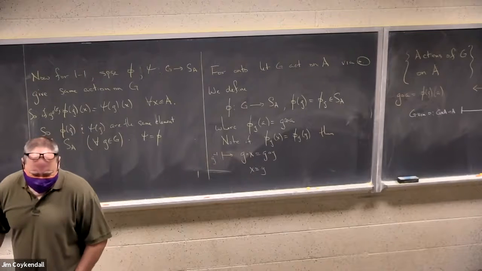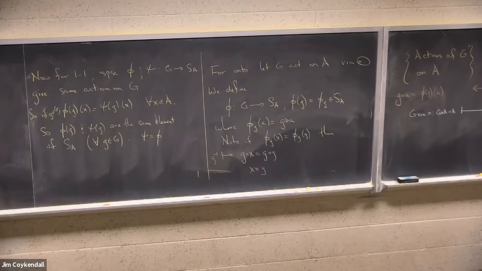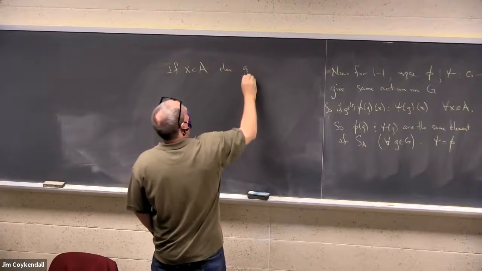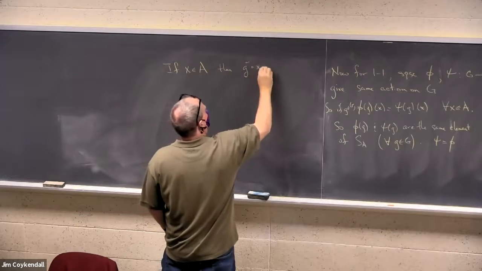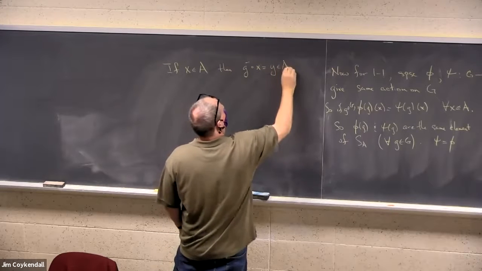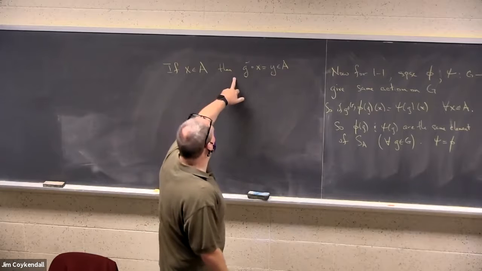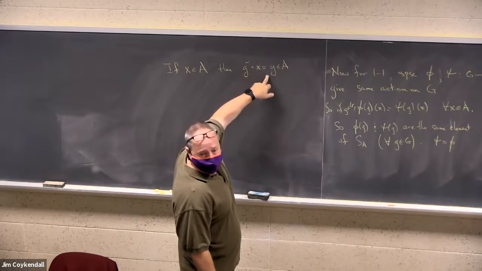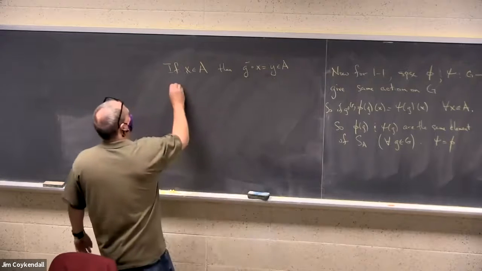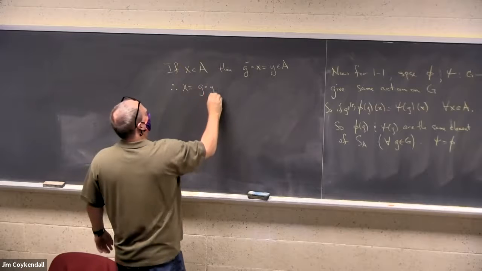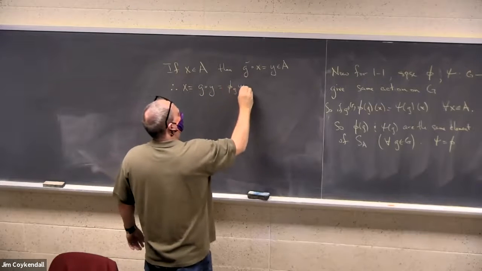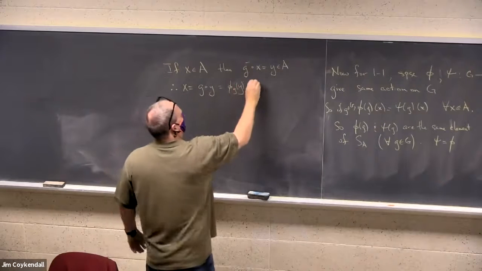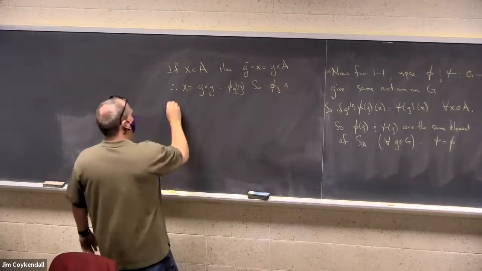And also notice that if X is any element of A, then if I hit X by G inverse, I don't know what I get, but I get something in A, call it Y. Therefore phi sub G is onto, so G is a permutation.